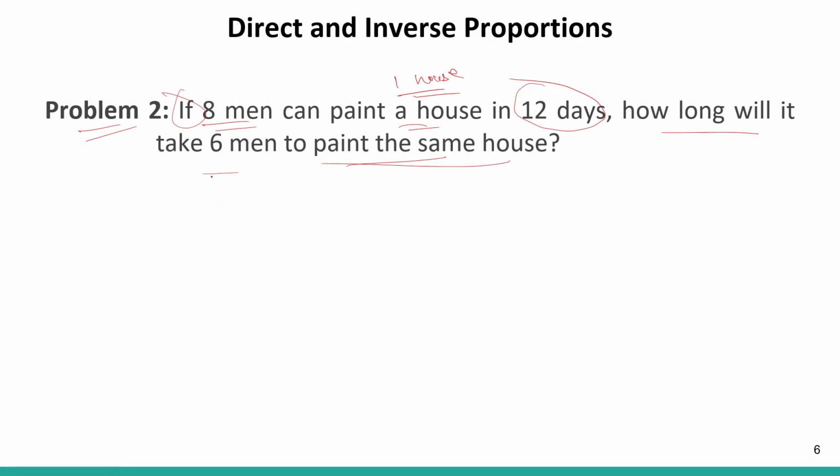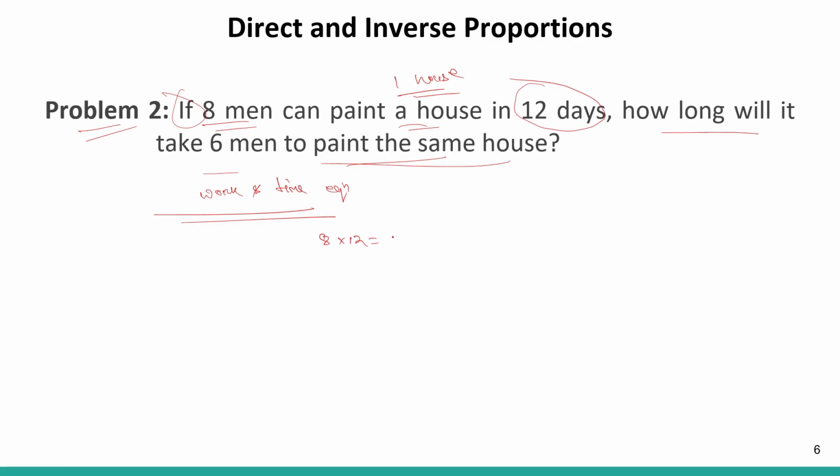So let's use again that formula, the work time equation. It is the number of workers, that is 8, into the time it took, that is 12 days. How long will it take 6 men to paint the same house?